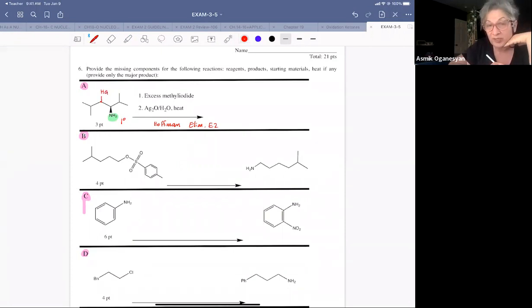And I will be forming the most stable alkene, which will be a trans alkene. So the bond will be formed between the carbon carrying the amino group and the adjacent less substituted carbon. So we will be forming a trans alkene here.